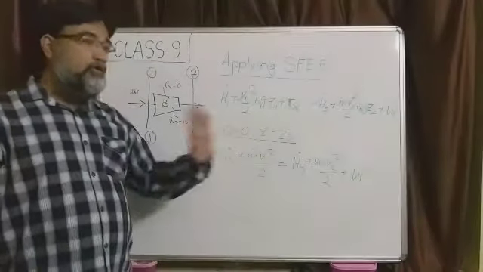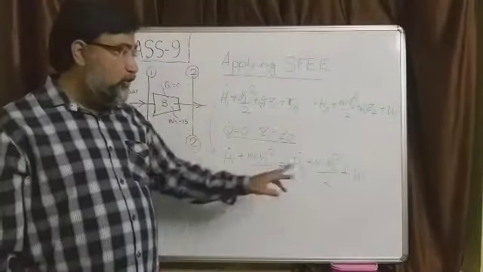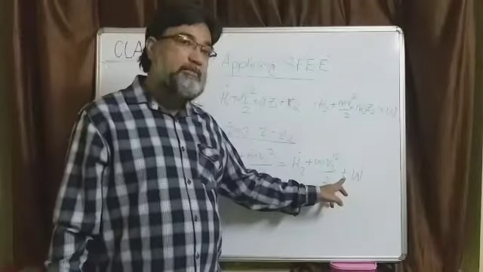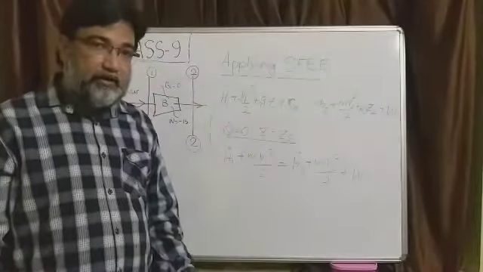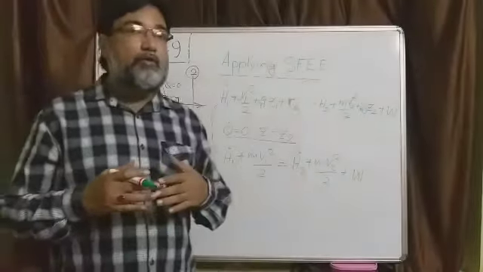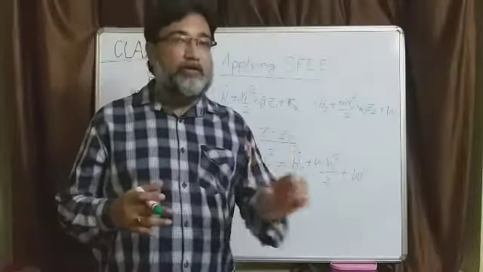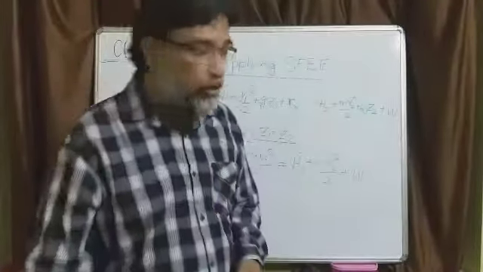You already know the value of W. W is minus 15, but don't write the minus sign here. Let it be plus only. At the final step when we will be substituting the numerical values for the terms, there only we will write minus 15, not here.